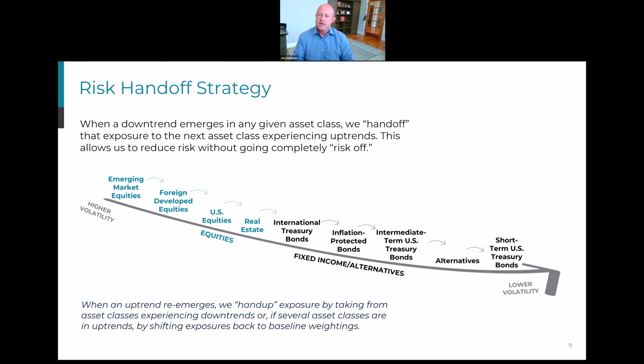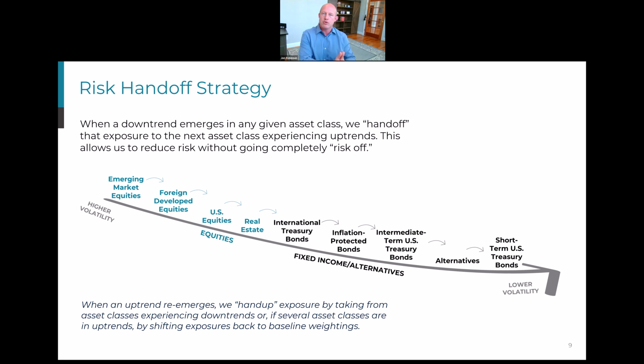So you see here a grid or a gauntlet, if you will, of the asset classes that we use that we just talked about before, ranked based on their historic volatility. You could also say that they're ranked on their expected return, but for us, it's about volatility. So you have emerging markets, for example, on the left side. As a quick example, when emerging markets goes into a downtrend over one of the timeframes that we monitor on a systematic basis, our strategy says, okay, first principle is we take that exposure off.